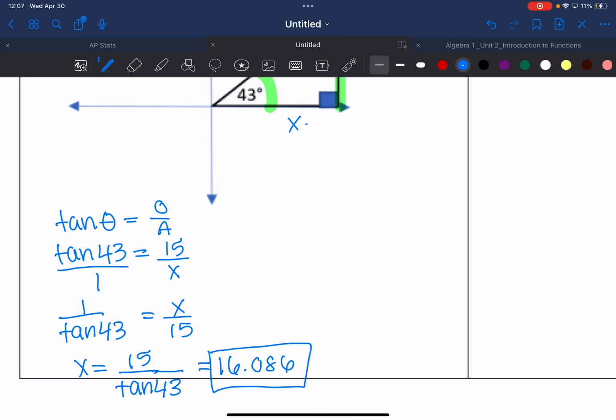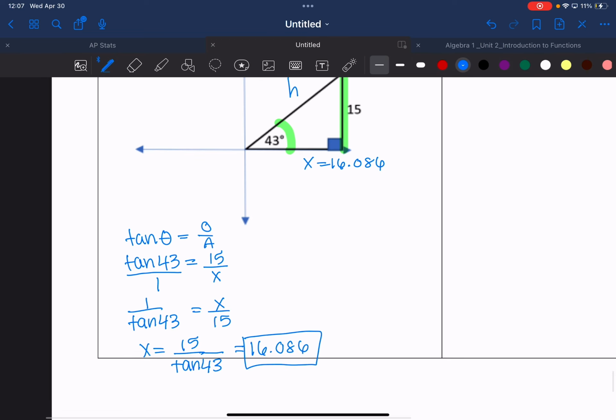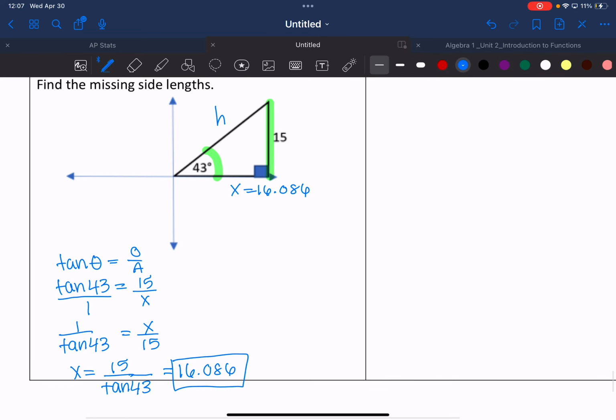So I'm going to write up here that this is 16.086. And now I'm going back and looking at that triangle, and I'm going to try to find the hypotenuse. If I'm using the same angle of 43, my hypotenuse is there, and across from it, opposite of it, would be my 15.